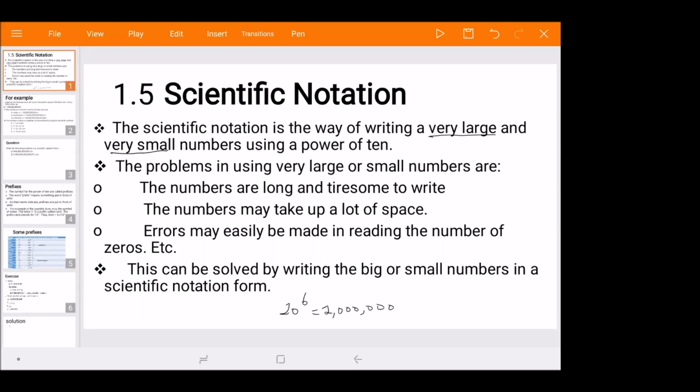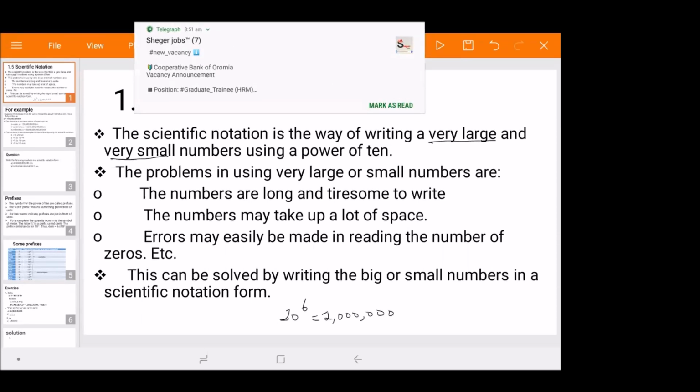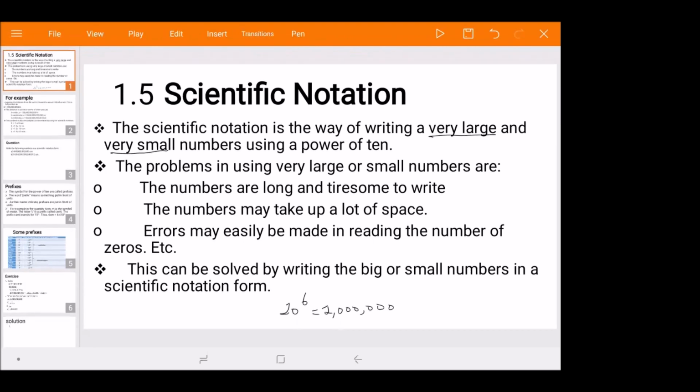Therefore, by using scientific notation, we can avoid the problems raised when we write a very large or very small number.